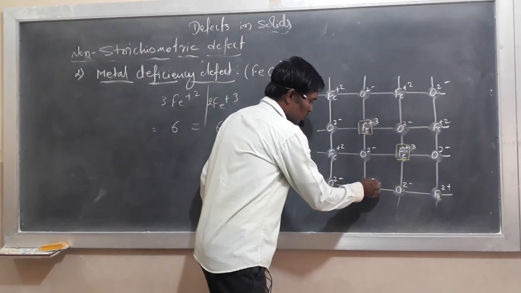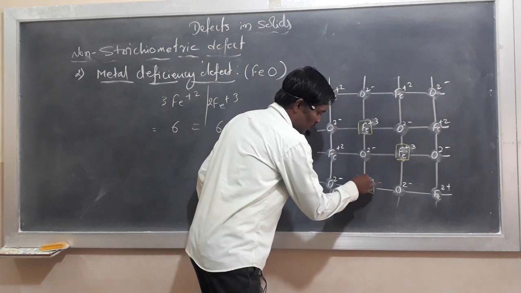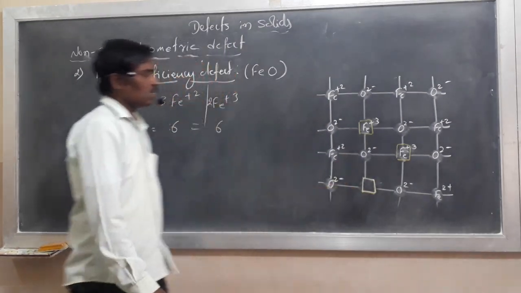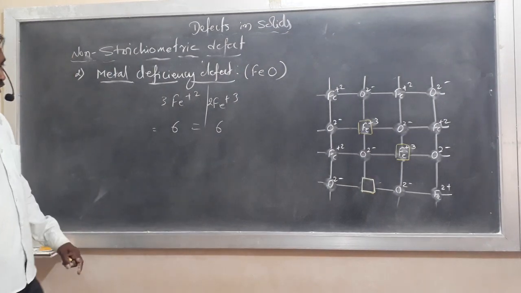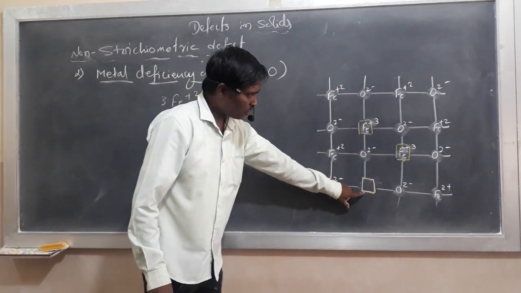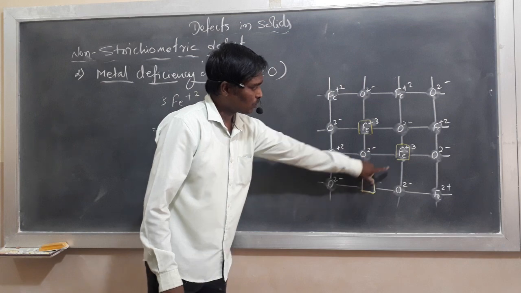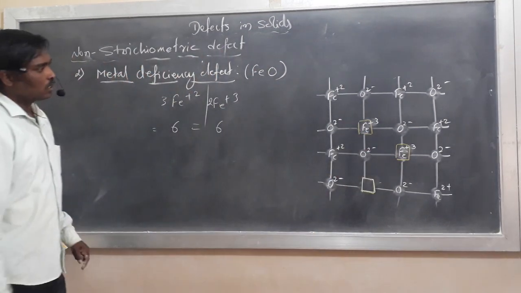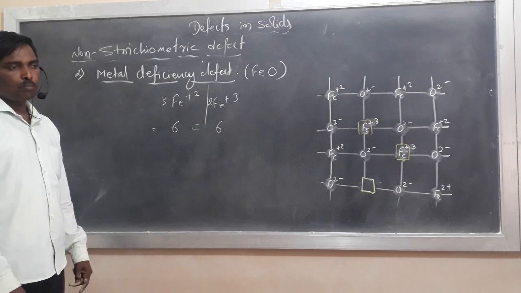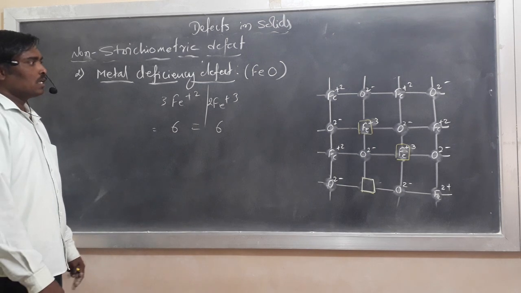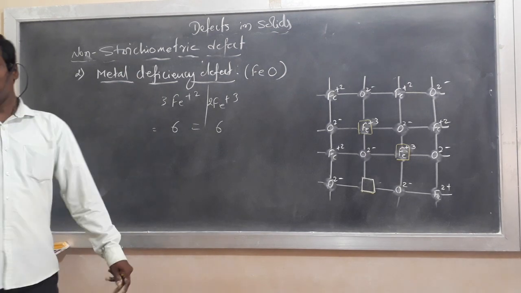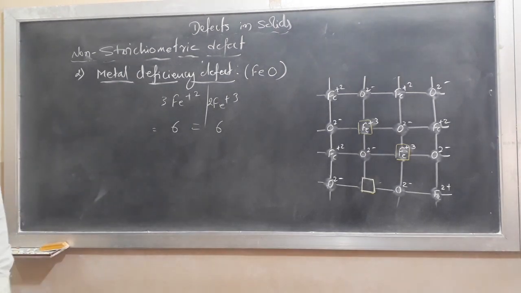Then it creates one cationic vacancy: one of the lattice points is vacant because of the presence of these Fe plus 3 ions. Now the number of metal ions compared to the number of non-metal ions is less, so such defects are called metal deficiency defects.